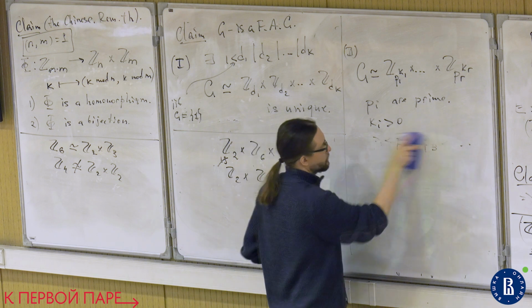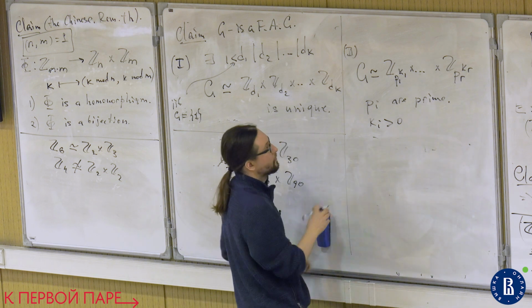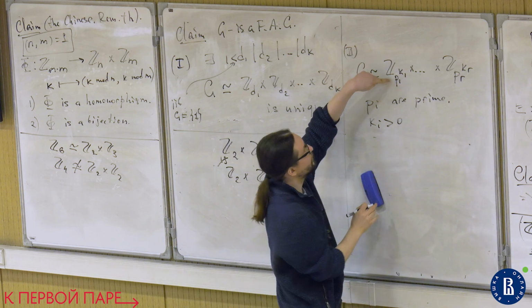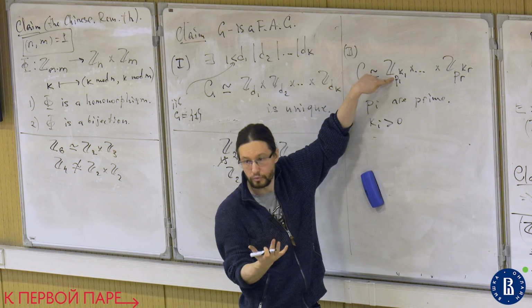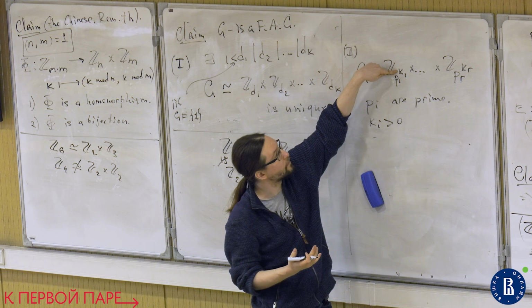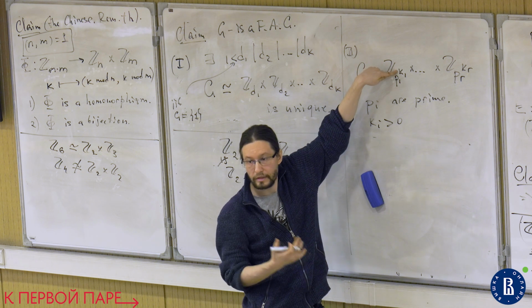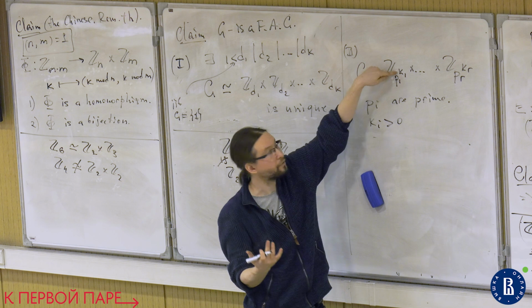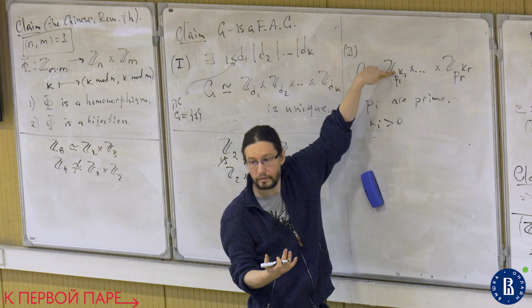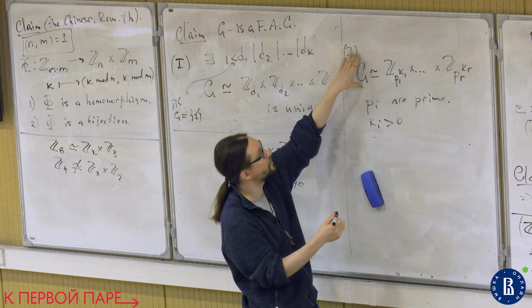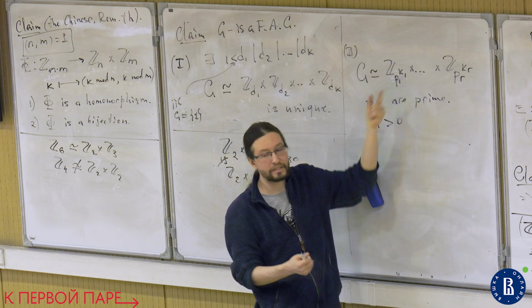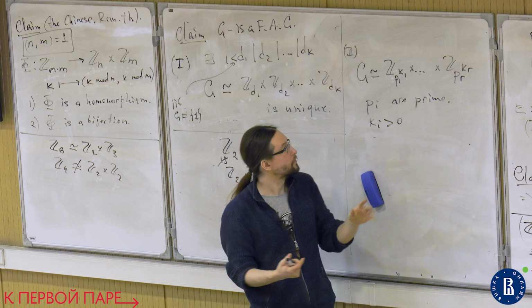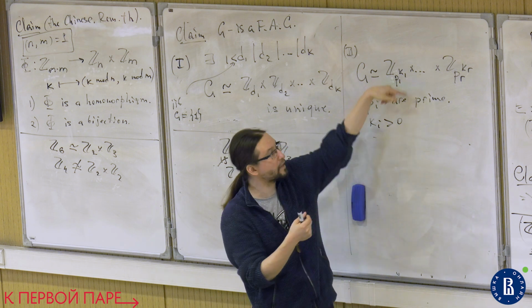Here P1 is a prime number, like 2, and this is the power, like 2 to the power of 3. So it's just a power of a prime number. You can represent the group G as the product of cyclic groups, but the order of each cyclic group is just a power of a prime. So you can always rewrite it like this.